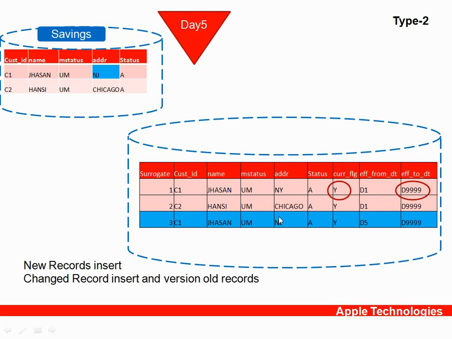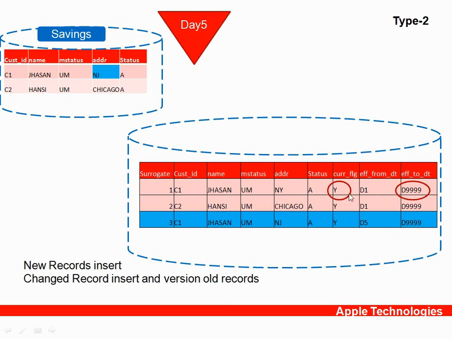How long did she stay in New York? Day 1 to day 4 only. And now she is no longer in New York. So that's why after inserting the changed record, you version the old records, because we have some old records.